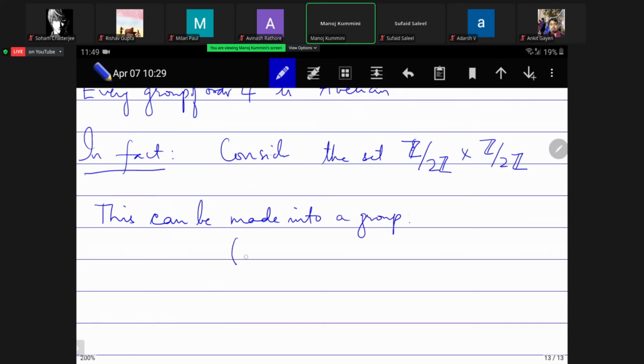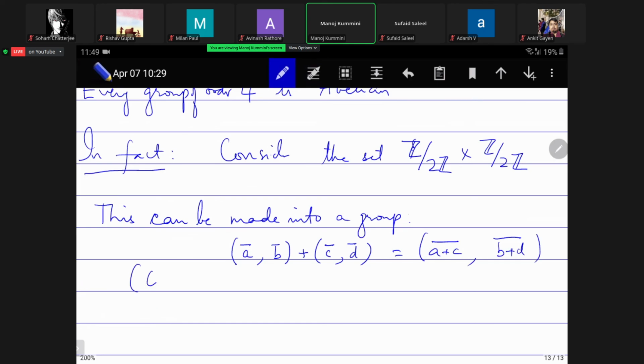Elements of this Cartesian product are ordered pairs, so (a bar, b bar) plus (c bar, d bar) equals (a plus c bar, b plus d bar). So addition is component-wise.